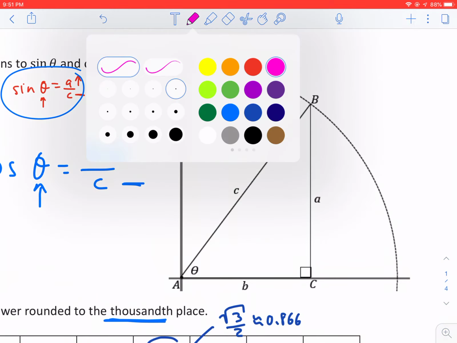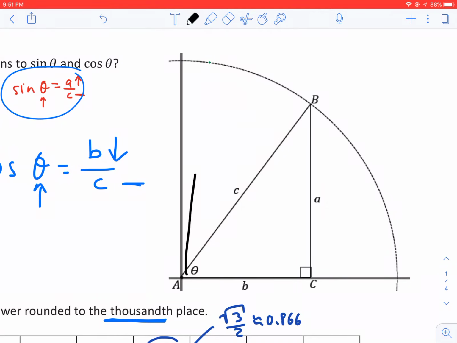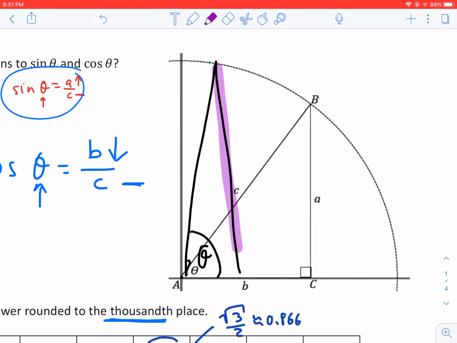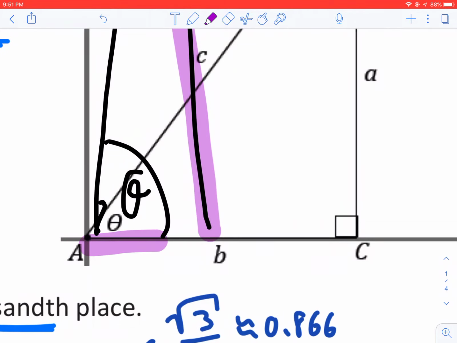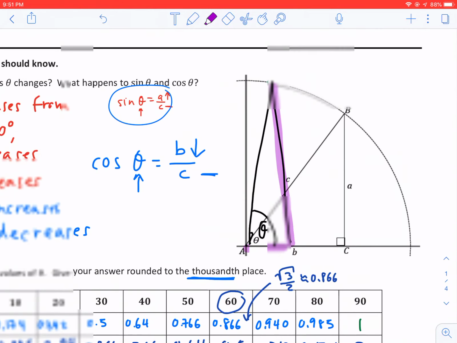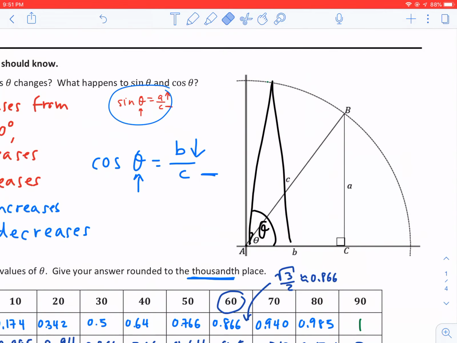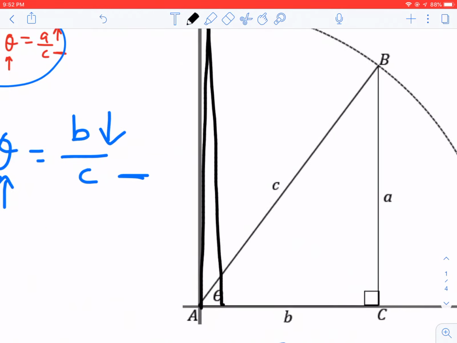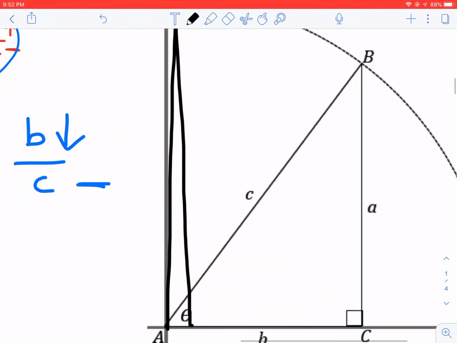And at like a really big angle, right, you can see the opposite side to theta, this length, that's pretty big, and this length is really small. So what's happening at 90 degrees? Well, when we get to 90 degrees, the opposite side is virtually the same thing as the hypotenuse.